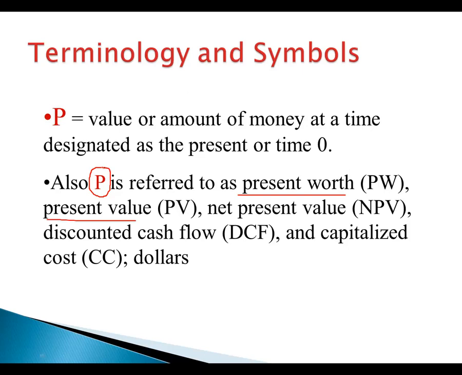It's nothing new. It can also be called net present value, NPV, or discounted cash flows, DCF, or capitalized cost. Any of these values are the same as the P value, the present value or the principal value.